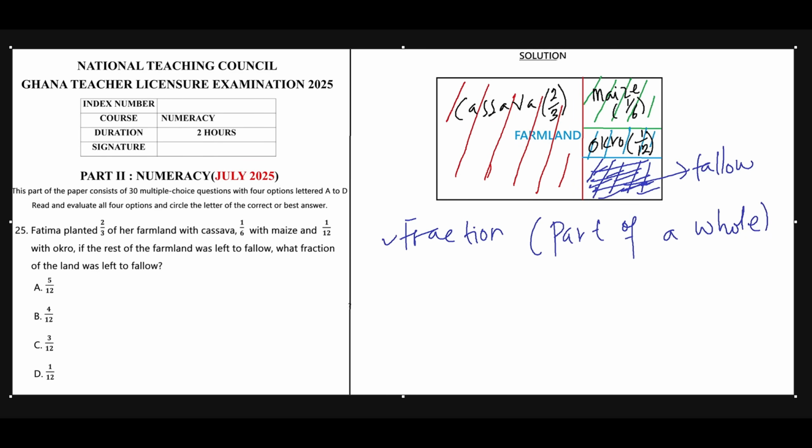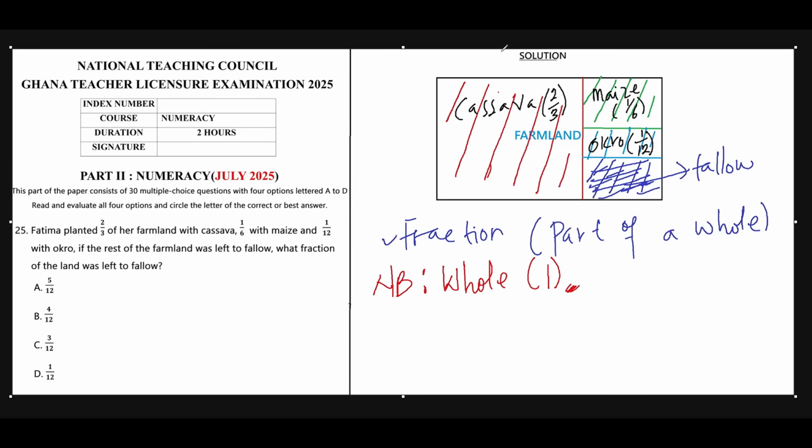And one thing you should know is that when it comes to common fractions, in terms of number, the whole is taken as 1. Take note. So the total farmland in terms of number is 1.